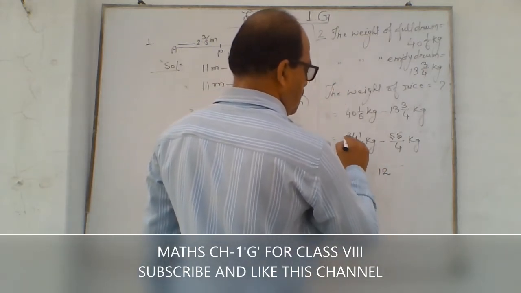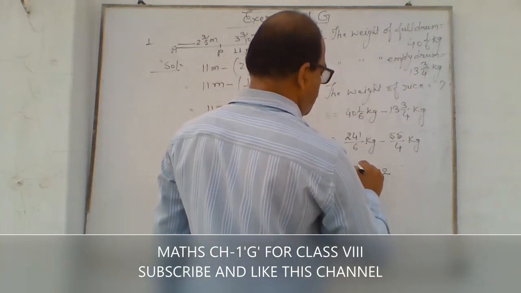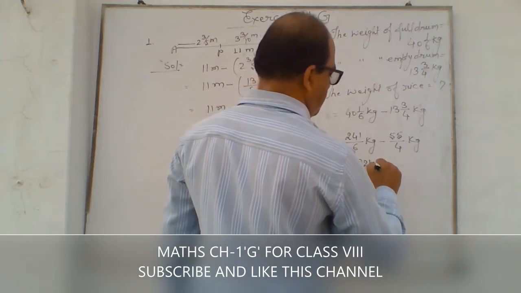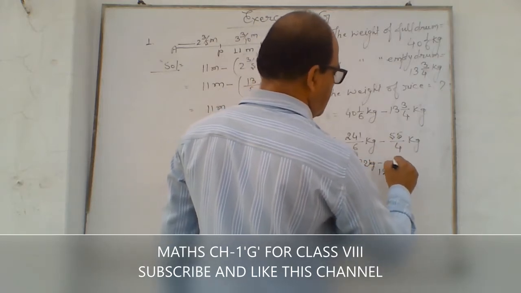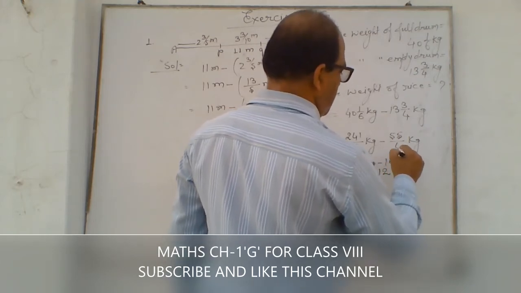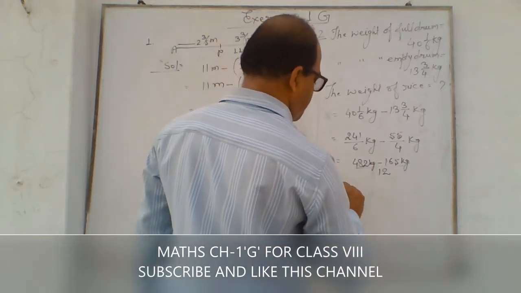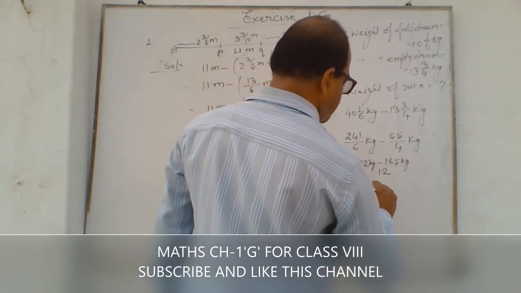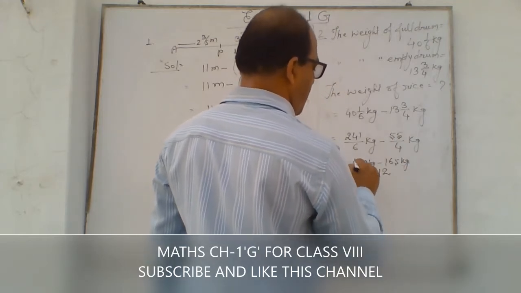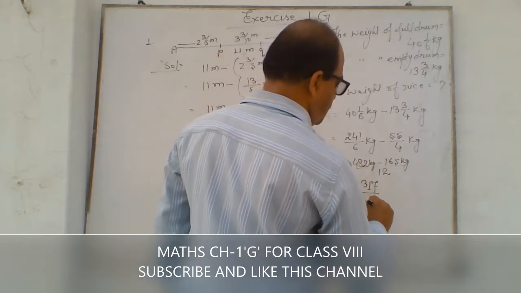So 241 times 2 is 482 by 12 kg minus, 4 threes are 12, so 165 kg. 5 threes are 15 and 15 plus 1 is 16. Subtract them. 482 minus 165, 12 minus 5 is 7, 7 minus 6 is 1, and here 4 minus 1 is 3 by 12 kg.